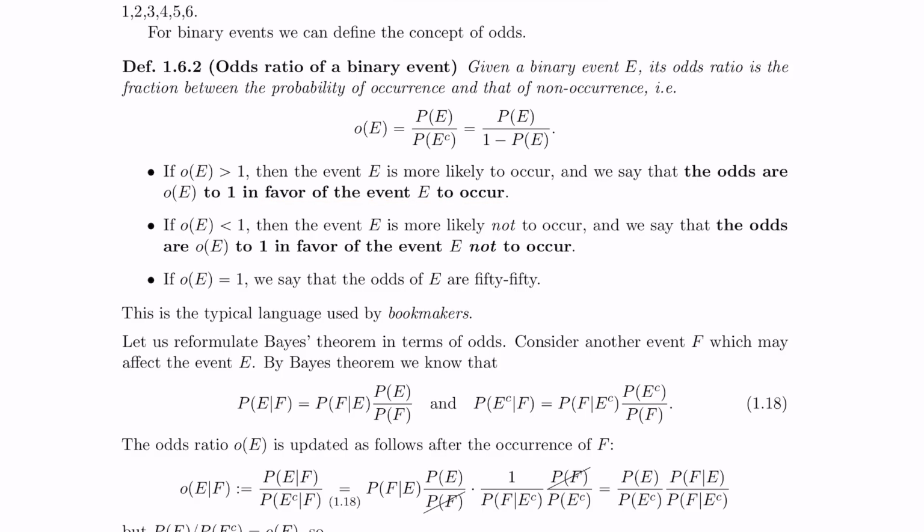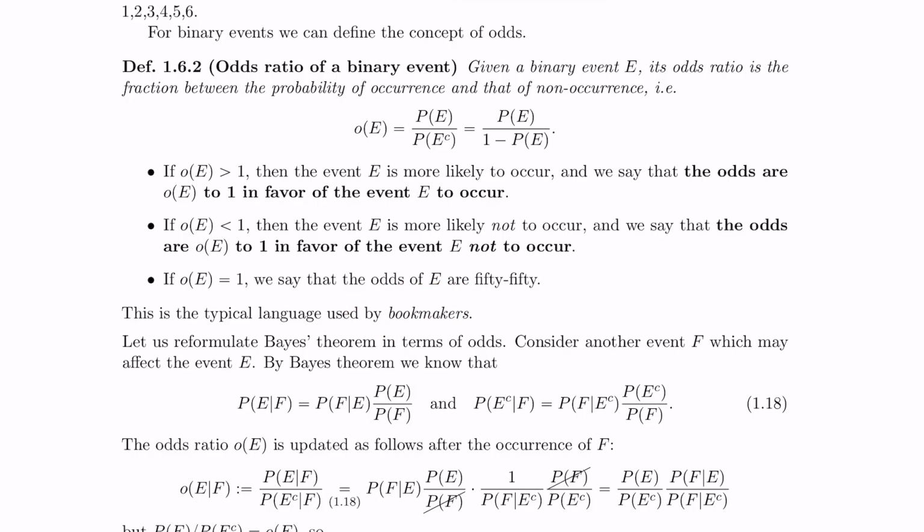Vice versa, we say that the odds are O of E to 1 in favor of the event not to occur. And if the odds ratio is 1, then we say that the odds of E are 50-50. In fact, in this case, the probability of occurrence of E matches the probability of non-occurrence. The use of odds is very common in bookmakers.